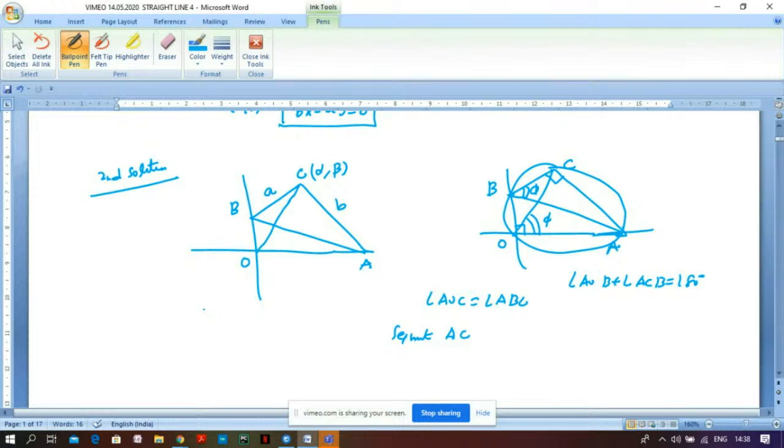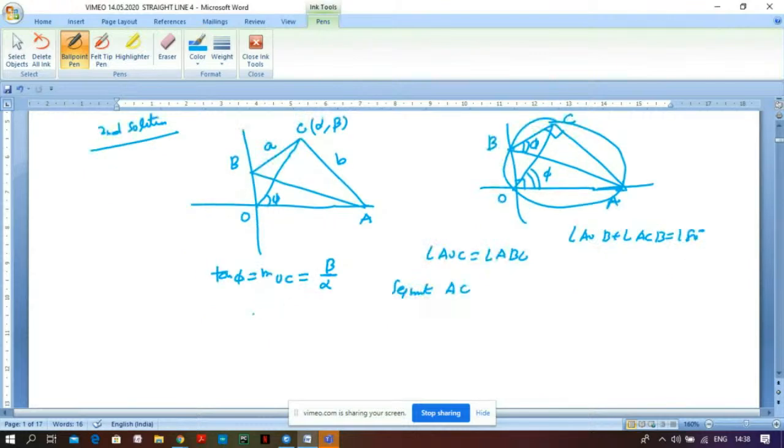One is that tan of phi is simply the slope of line OC, and that equals beta over alpha, because beta minus 0 over alpha minus 0 is beta over alpha, m of OC. And also I can find phi from triangle ABC, which I reproduce here.